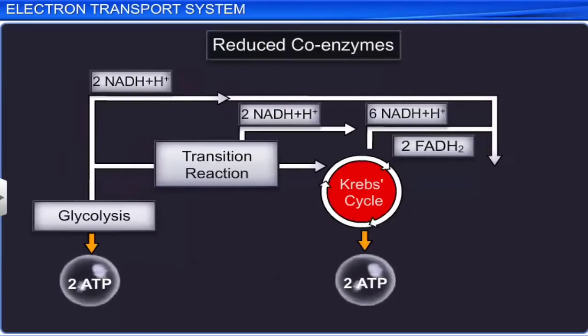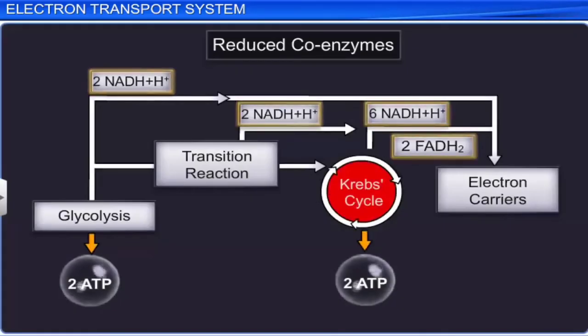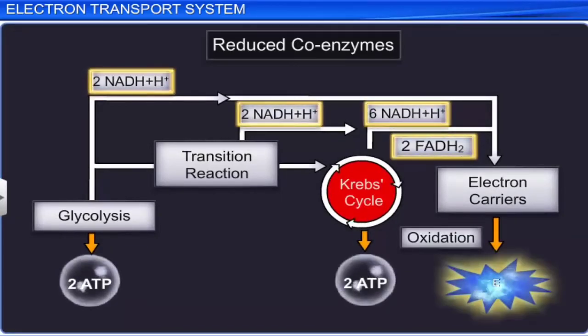As you know, glycolysis and the Krebs cycle together result in the formation of reduced coenzymes such as 10 molecules of NADH plus H+ ions and 2 molecules of FADH2, and 4 molecules of ATP. These reduced coenzymes need to be oxidized to release and utilize the energy stored in them.